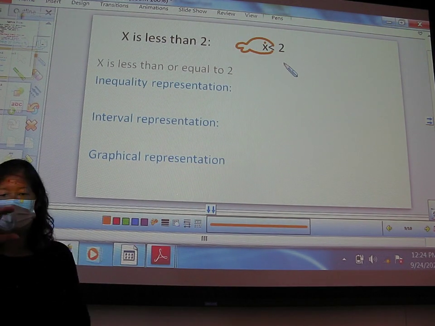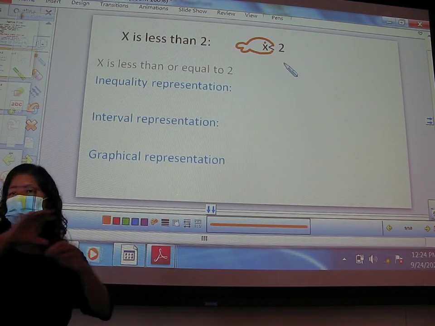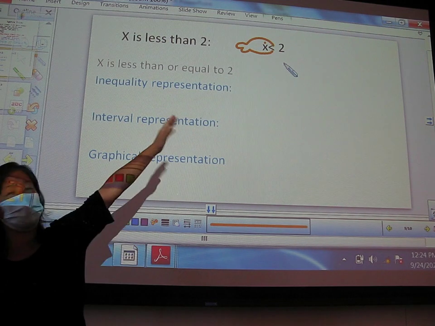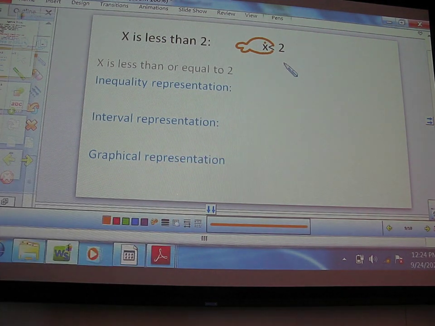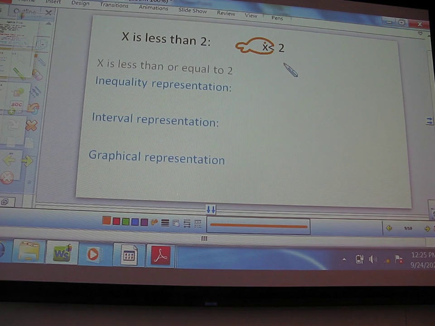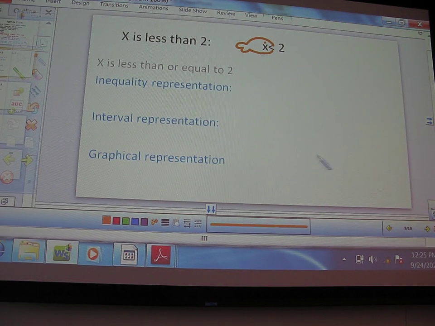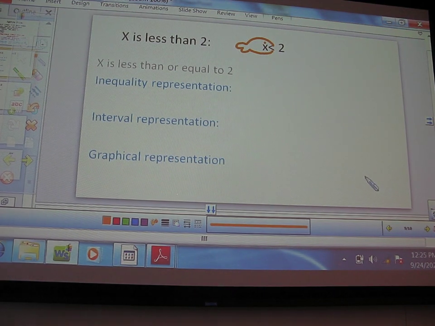That way you know that, okay, he ate that one, that's the little one. That one's harder to catch, it's the bigger one. So the 2 is bigger. How would I write that X is less than or equal to 2? You put the line underneath. Yeah, so it incorporates both.